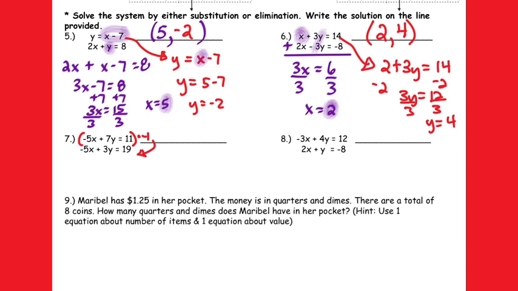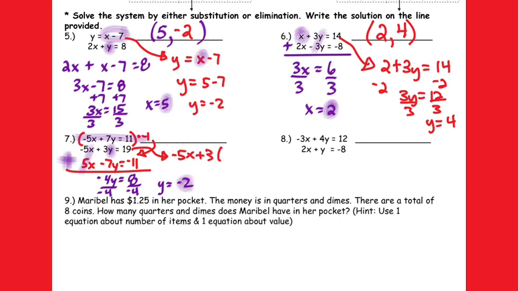I chose to do the top equation, and I went ahead and distributed that -1 and wrote it underneath. Now I add up my two equations, and I've eliminated the x's, and I solve for the y. I get -2. Then I can pick any of the equations. I happen to choose the second one to solve for the x, because now I know the y is -2.